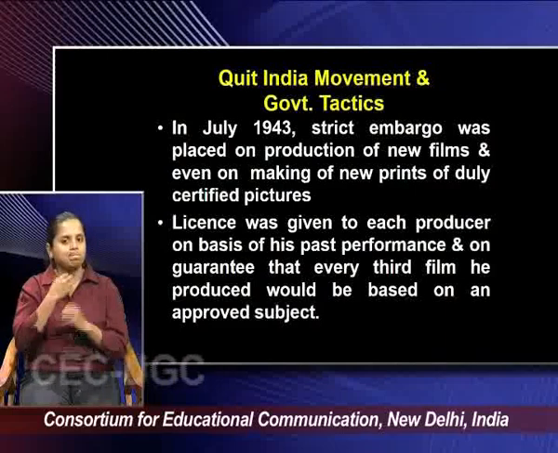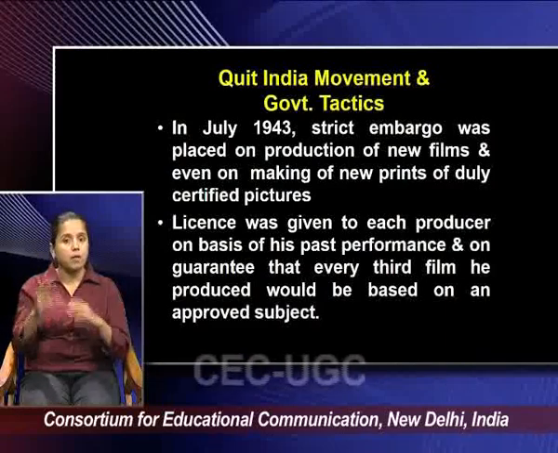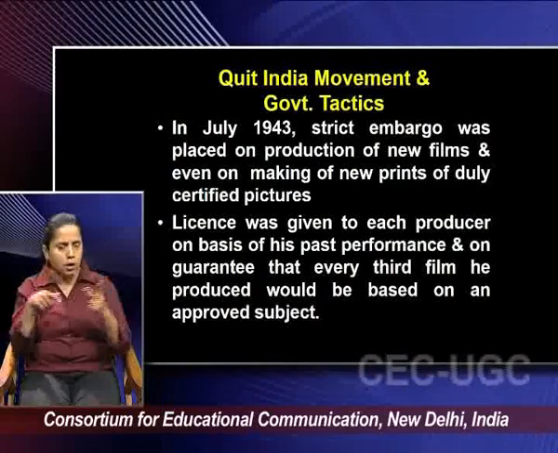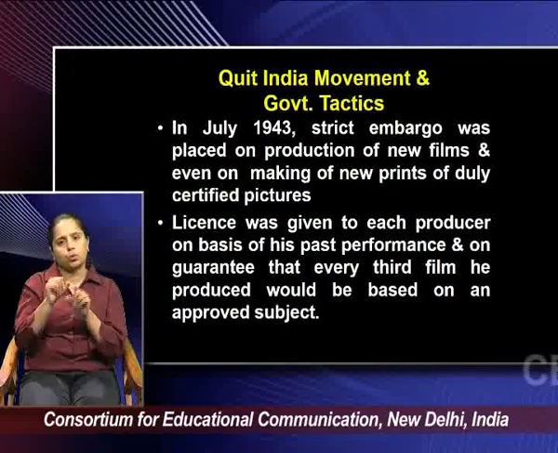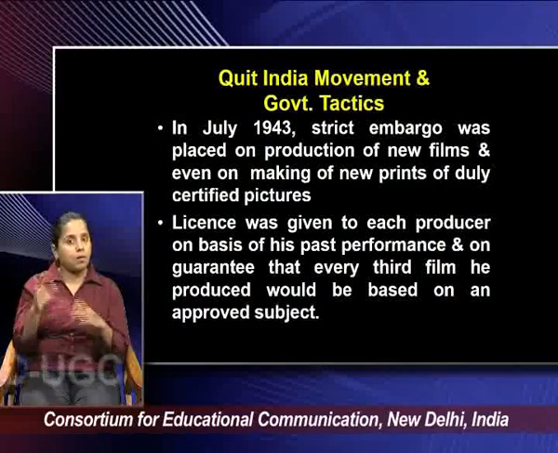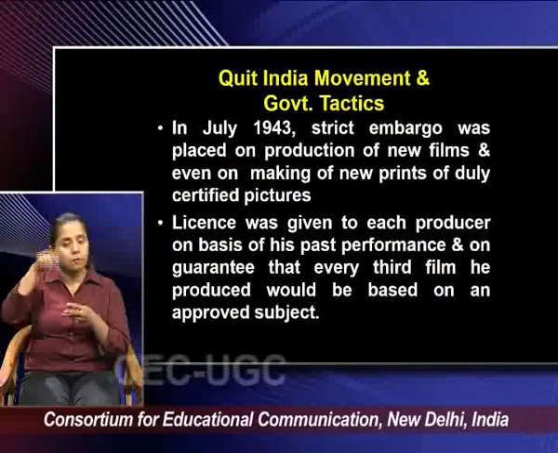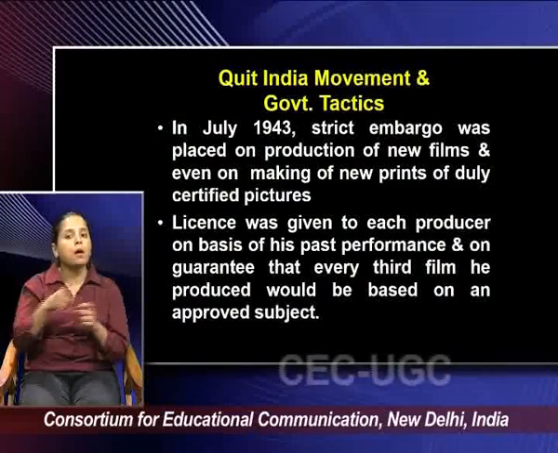And the licenses which were being given to the producers were now given on their past performances, and also on a guarantee that every third film produced by them would be based on an approved subject.